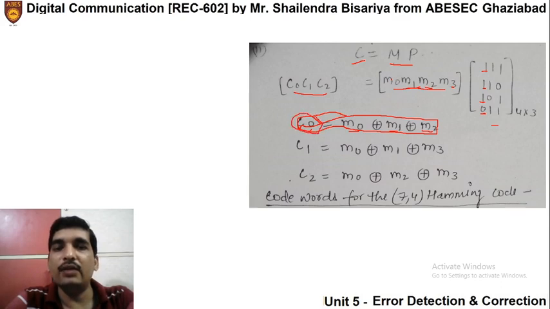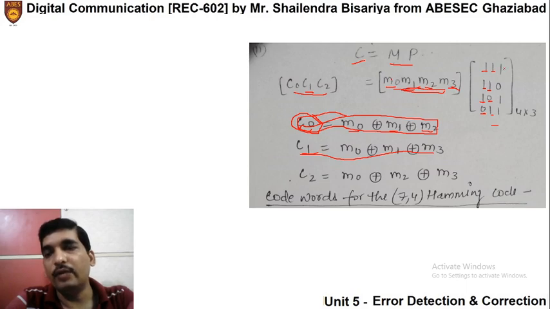Similarly, we can write the values for C1 and C2. So what will be the value of C1? Now we will multiply these terms with the second column: M0 into 1, M1 into 1, M2 into 0 and M3 into 1. That is what we have written here, that C1 is equal to M0 XOR M1 XOR M3.